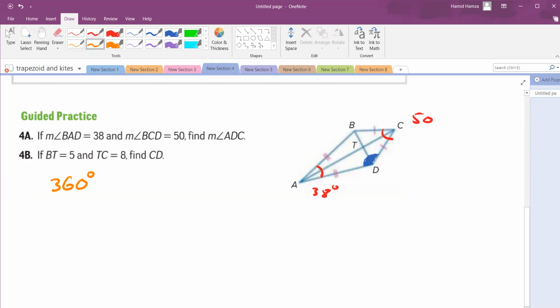We have the measure of two angles, angle A and angle C. This means if I subtract 38 and 50 from 360, the remaining will be the measure of angle B and angle D together. So the measure of angle B plus the measure of angle D equals 360 minus the bracket 38 plus 50.